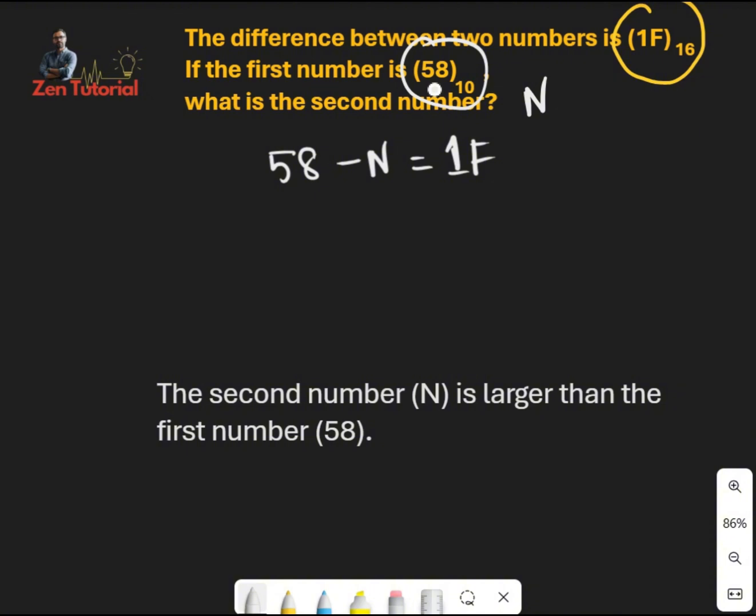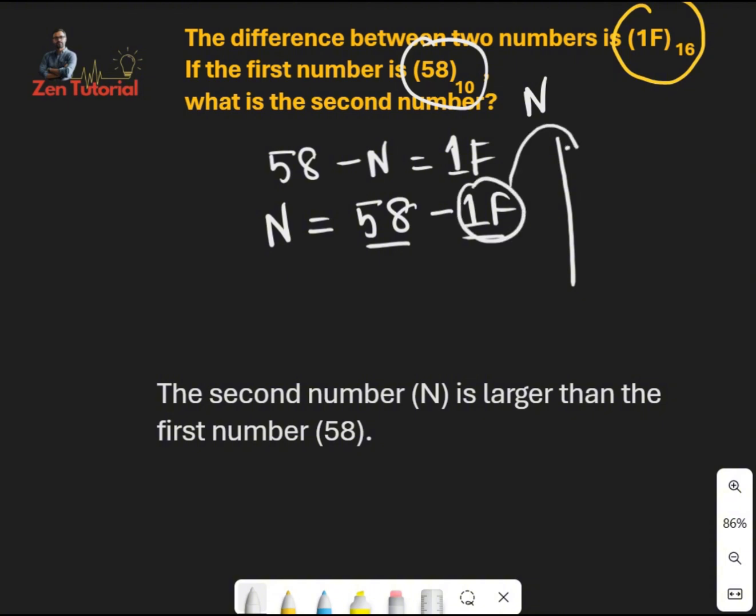So the second number n is equal to 58 minus 1F, right? So this is in decimal, this is in hexadecimal. Let's convert this value to decimal.